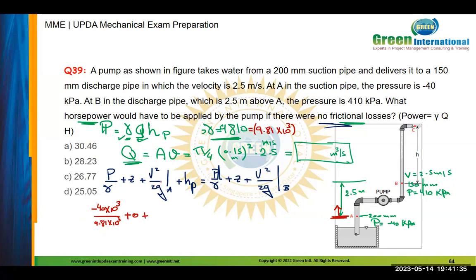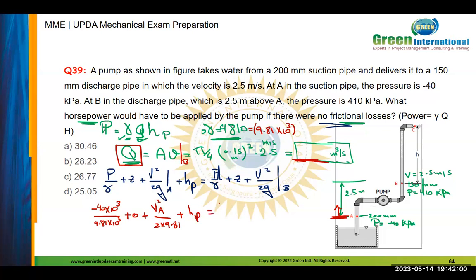Velocity at A is not given, but we can calculate it because we now know Q. Be aware which is A and which is B. Here V of A, so V of A square, I will calculate it. Plus head of pump.